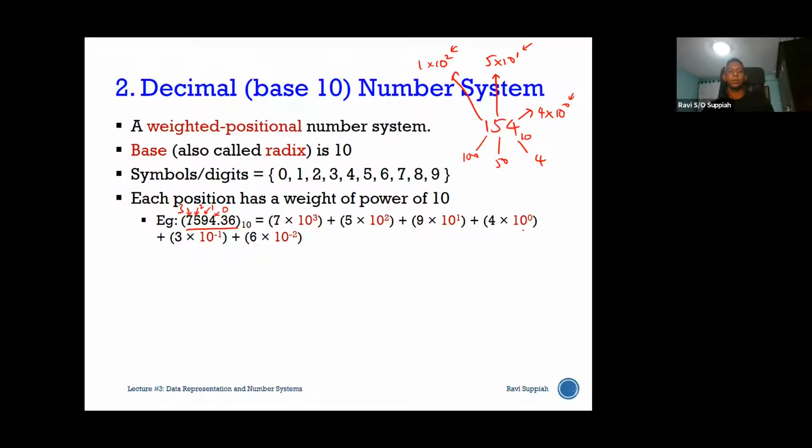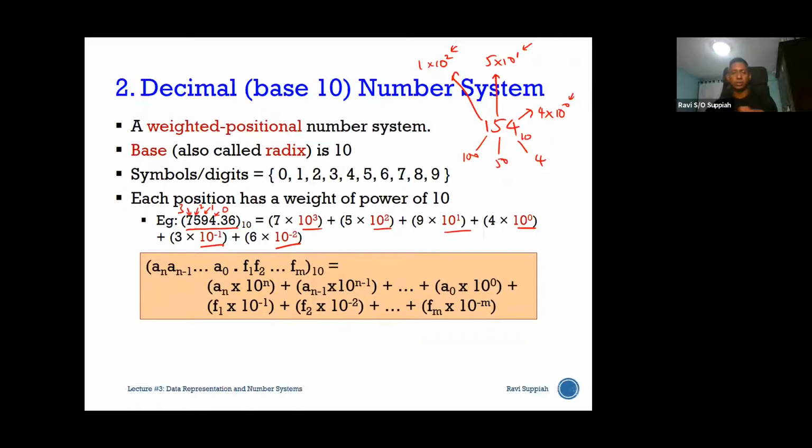That is how you get these 4 weighted positions here. In terms of the decimal point, you go in the opposite direction. So 3 times 10 to the power minus 1. So this is the first decimal point, this is the second decimal point, and so on. It's all based upon the weighted position with the base 10.